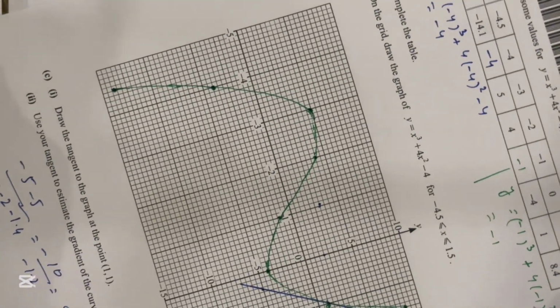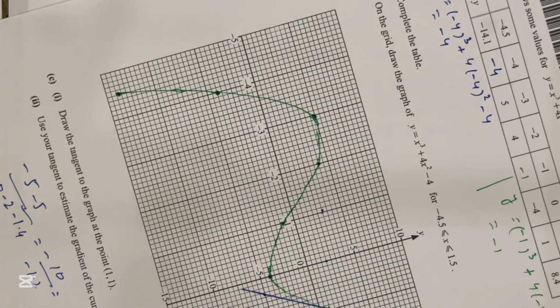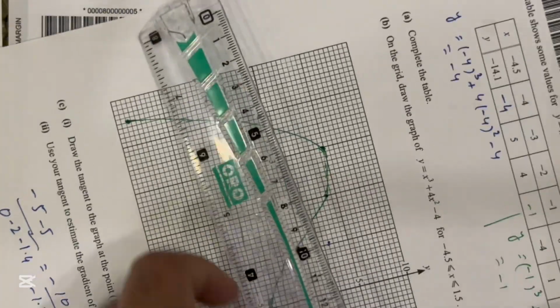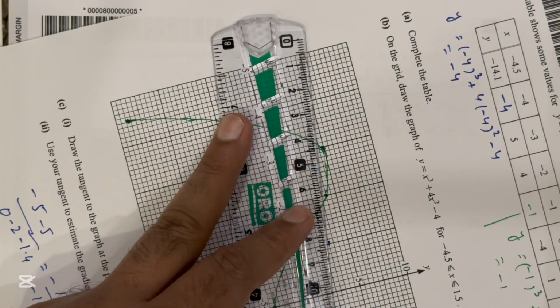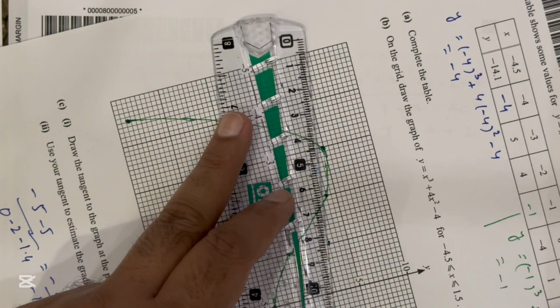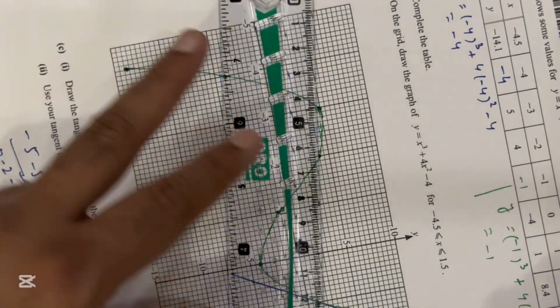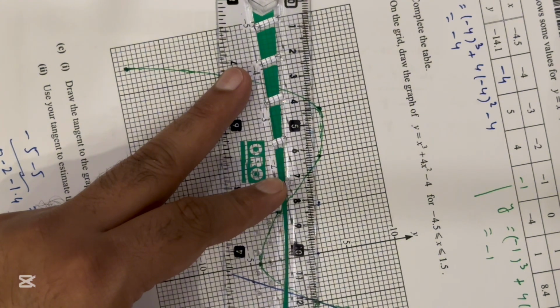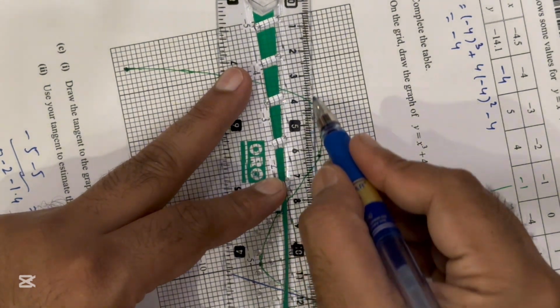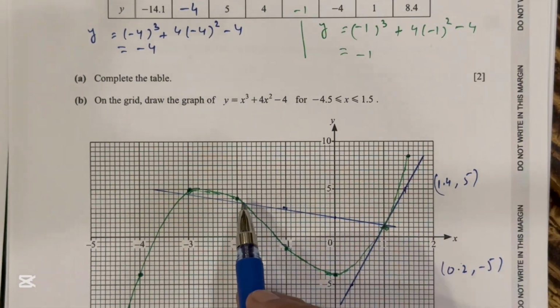Now you need to plot these lines. Now you can see this graph is cut on 3 points.